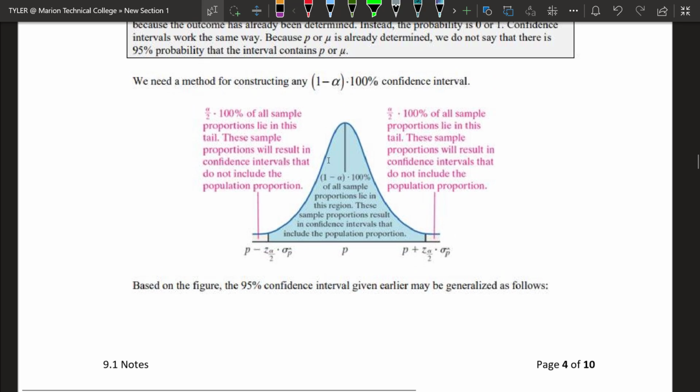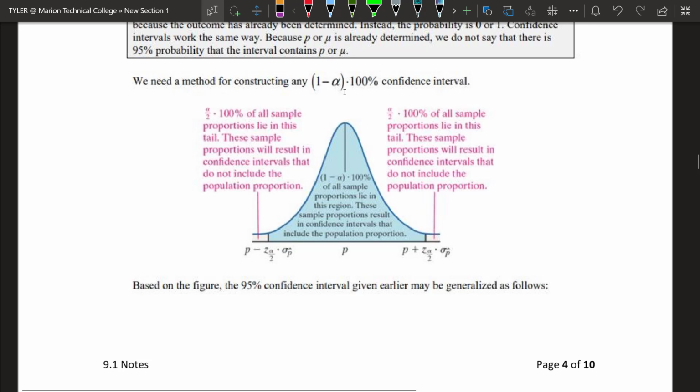So before, what we looked at was calculating a 95% confidence interval to give us something a little more concrete. Now we want to look at this in a more general way. What's a method for constructing any 1 minus alpha times 100% confidence interval? We have a diagram drawn here.